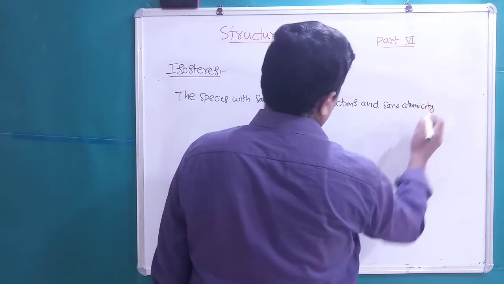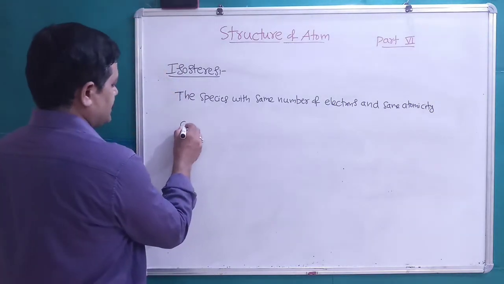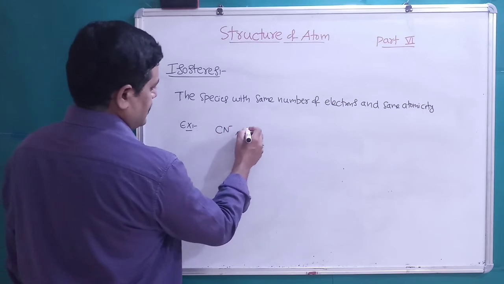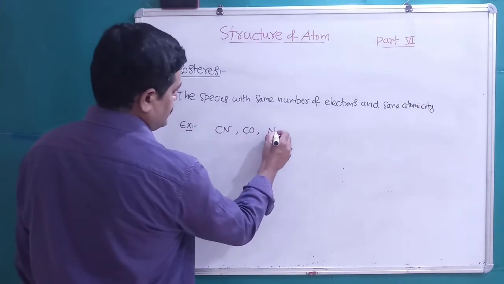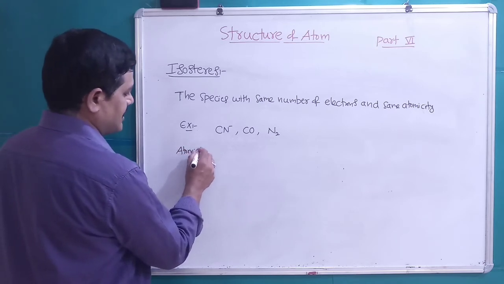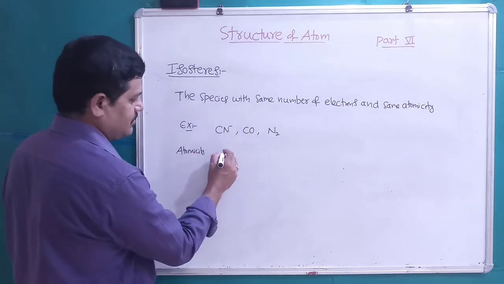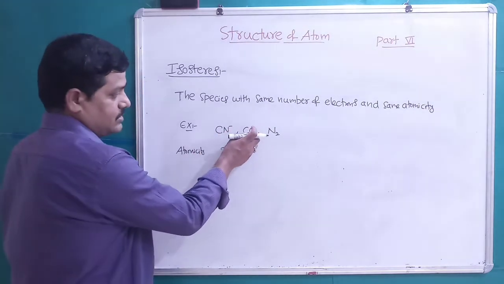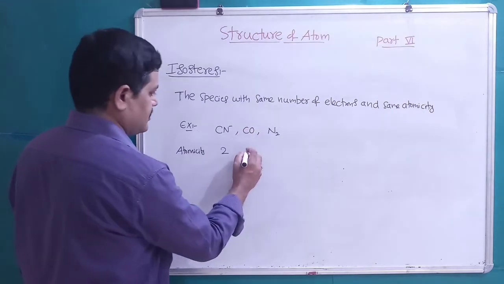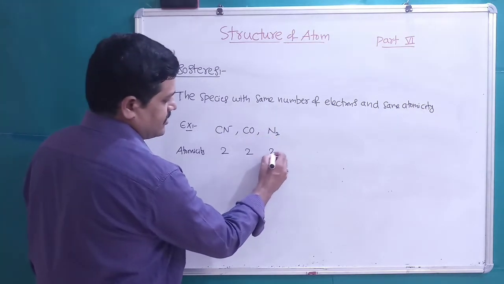Atomicity is the number of atoms present in a molecule. For example, take CN-, CO and N2. CN- contains one carbon atom and one nitrogen atom, so atomicity is 2. CO, carbon monoxide, contains one carbon and one oxygen, atomicity is 2. And the nitrogen N2 molecule contains two nitrogen atoms, atomicity is 2.